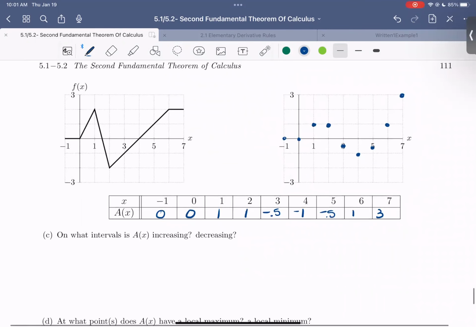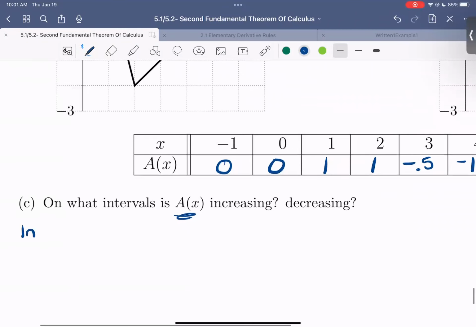All right, now let's take a look at part C. Part C says, on what intervals is a of x increasing or decreasing? Let's break this down into each case. So increasing. Recall a prime of x is equal to f of x.